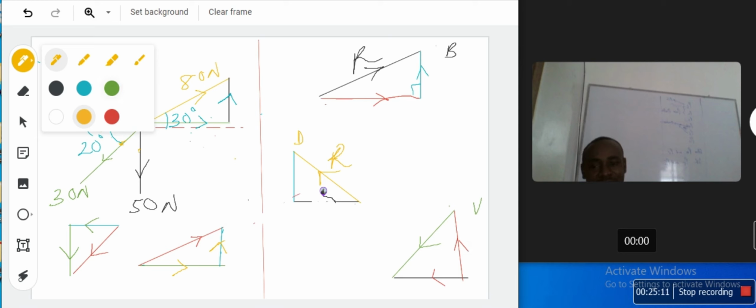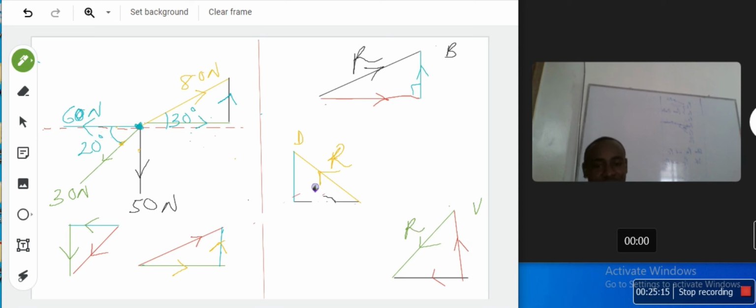This is the resultant force for Victoria. Victoria, can you look at what you did? The arrows should be drawn following the same direction so that they will meet the tip of the resultant force.